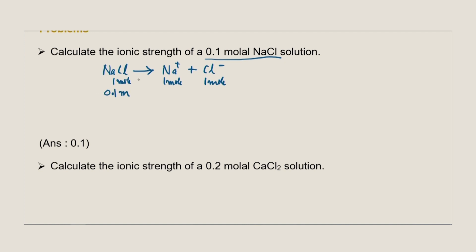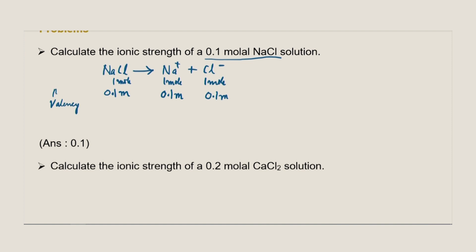From the above expression, the molality of sodium ions will be equal to the molality of sodium chloride, and similarly the molality of chloride ions will also be equal to that of sodium chloride. So, if the concentration is 0.1 molar, it will be completely ionized, and therefore we get 0.1 molar sodium ions and 0.1 molar chloride ions. Now, let us see what its valencies are.